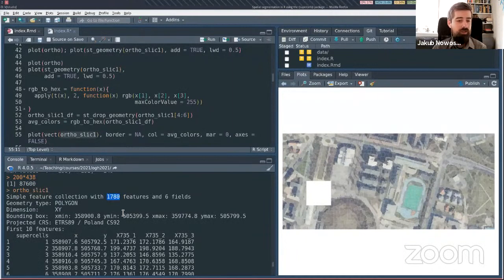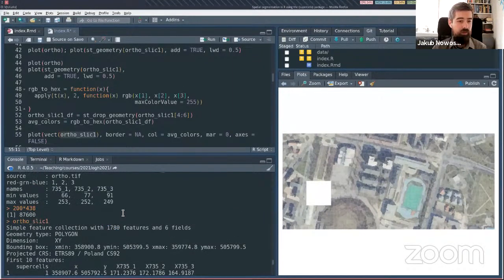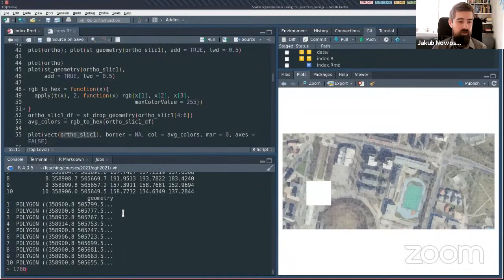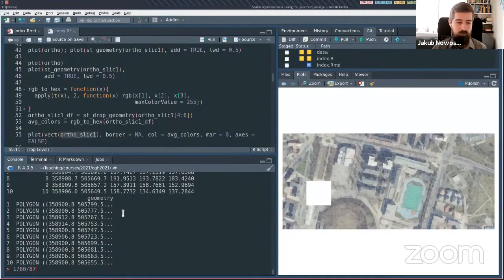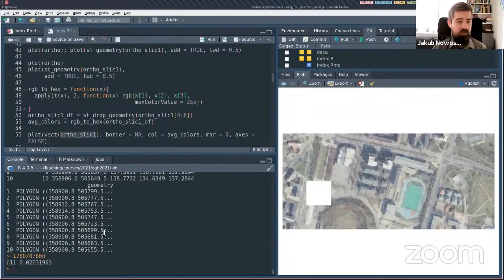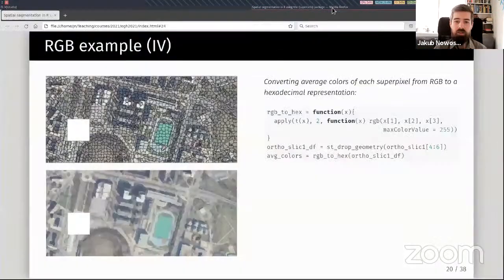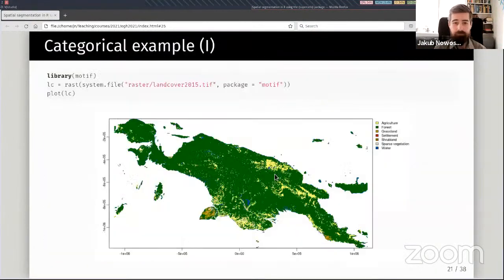So it's only 1,700. So we have 1,700, and previously we had 87,000. So we are keeping most of the information, but we only have 2% of objects to store them. So this is the way we think about the whole process.